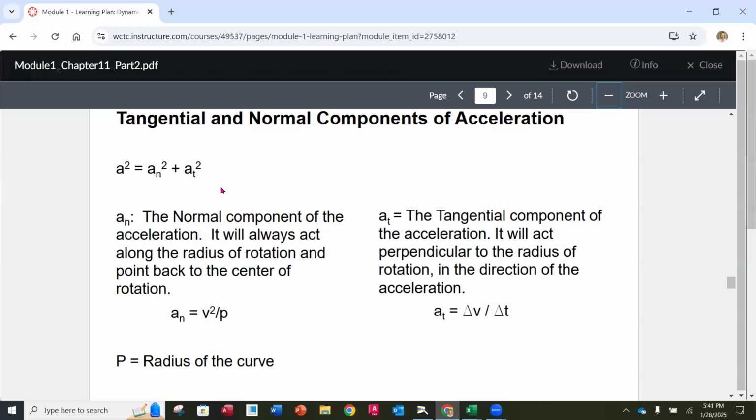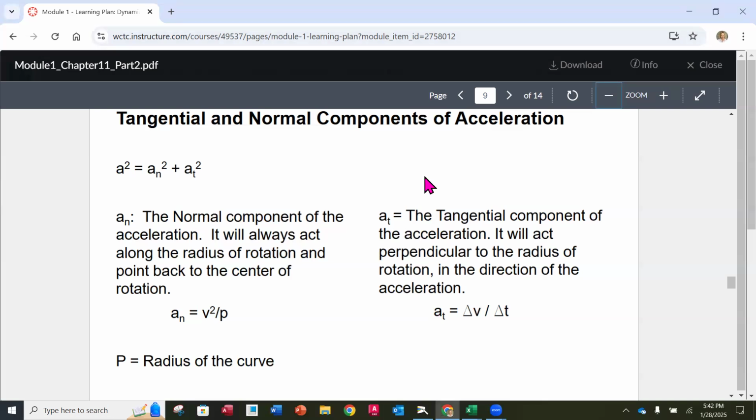So that should also be relatively familiar to us. Now as we look at calculating their magnitudes, they come from these two equations. The normal acceleration is equal to the velocity squared, the straight line velocity component, divided by rho, which is actually the Greek letter rho in our examples.